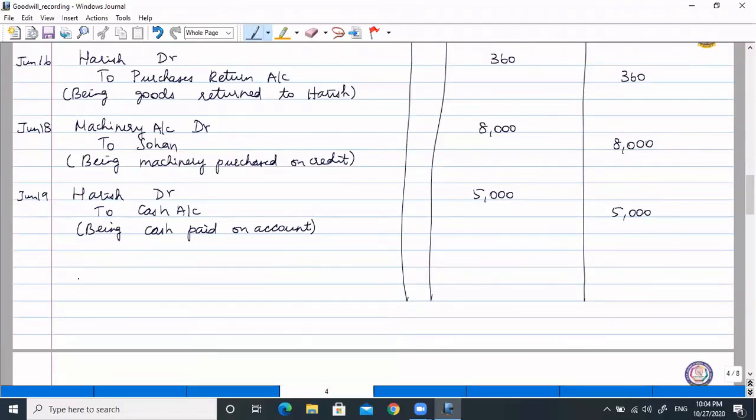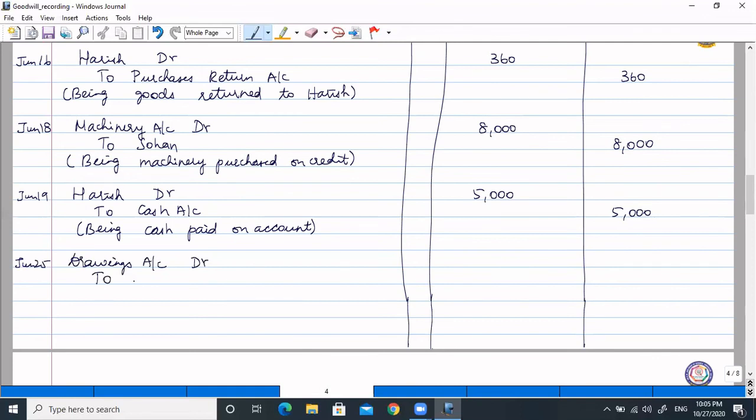Next, on June 25th, cash withdrawn for personal use. Okay. So cash withdrawn for personal use is drawings. So drawings has to be, this account has to be debited as it decreases the capital. And the proprietor has withdrawn cash.